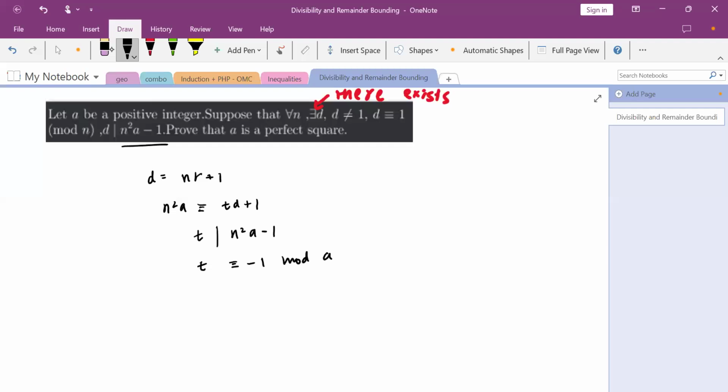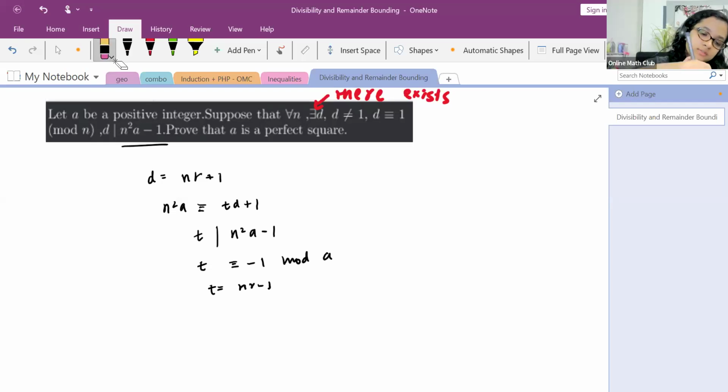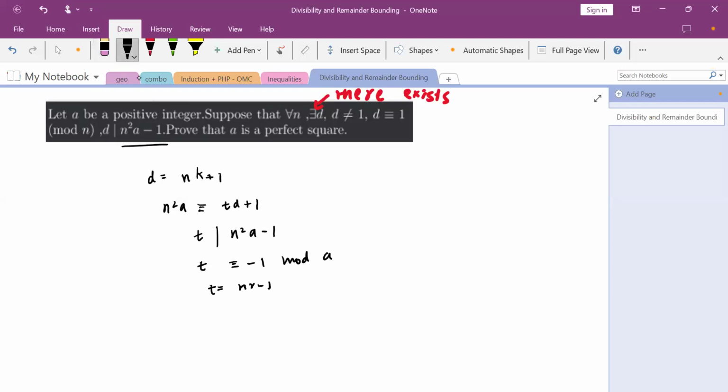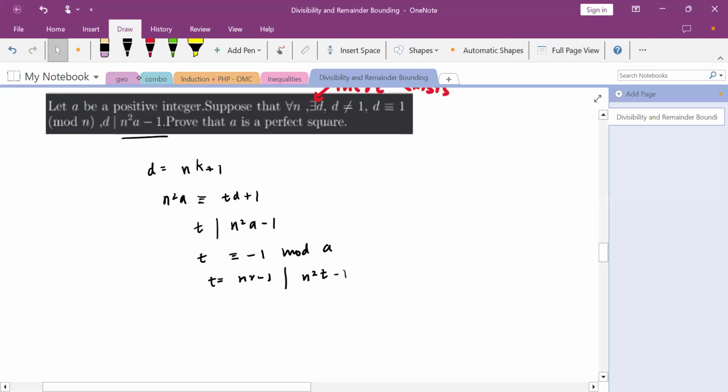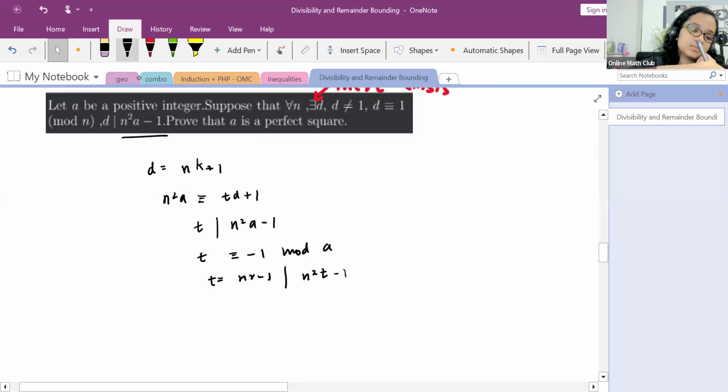So we can write T as, let's say, NR minus 1, and NR minus 1 divides N square A minus 1, and we can just do NR minus 1 divides N square A minus 1 minus N square R square plus 1. Not R, T here. Okay, some number.